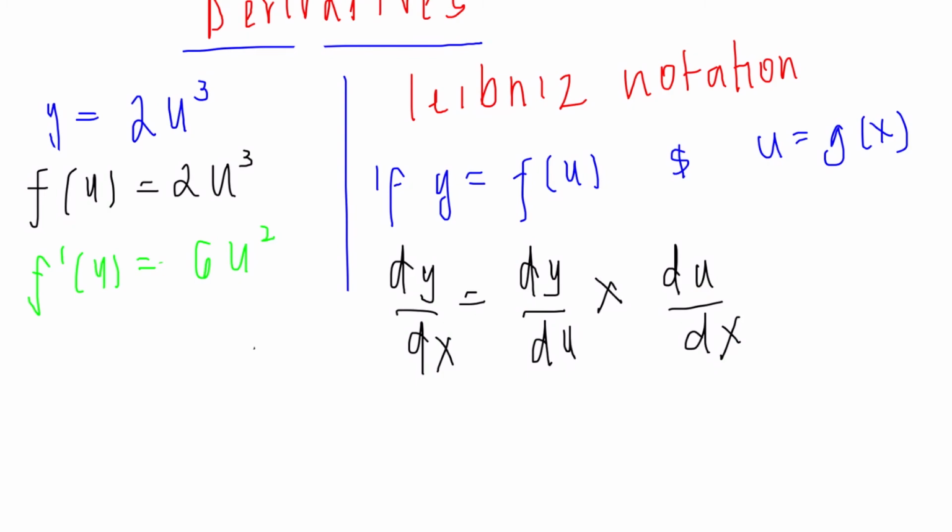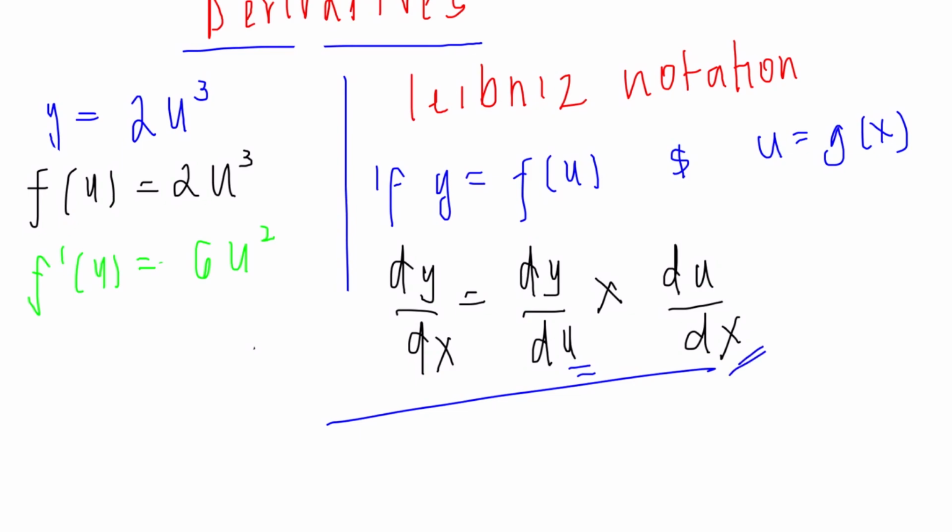That is what the Leibniz notation states. If you want to find the general derivative of a composite function, first find the derivative of y with respect to u, and then the derivative of u with respect to x.